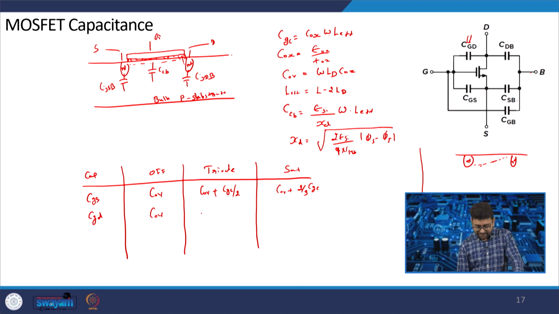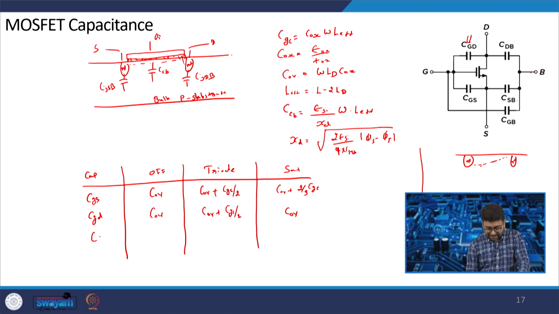That is why it is C overlap plus CGC by 2. In saturation, the remaining part will come from the 2/3 CGC, but it is negligible, so only the overlap capacitor will be there in CGD.